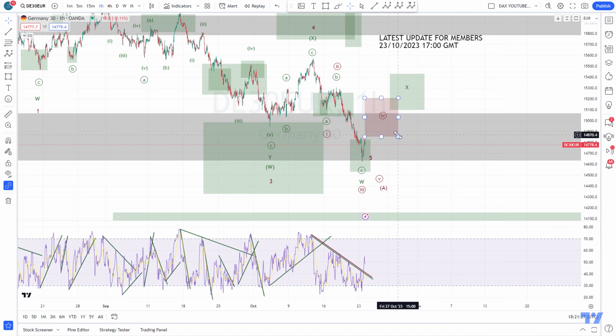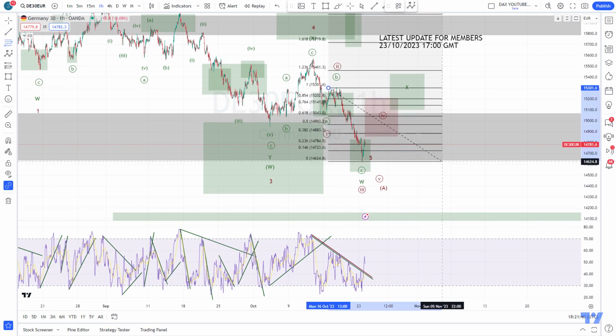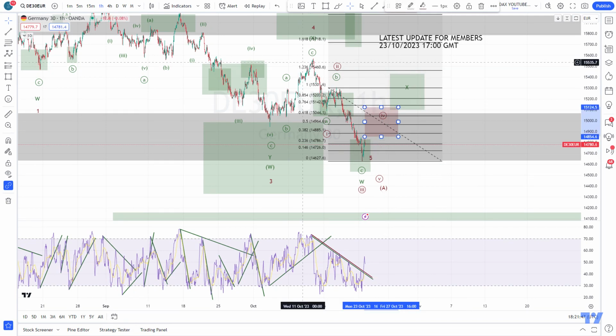Because the main question now is, will we react from this wave 4 area? So if we take the length here of the wave 3, this is the wave 4 area. Sorry, so 1, 2. So from here, this is the 3. So this should be the wave 4 area right here.